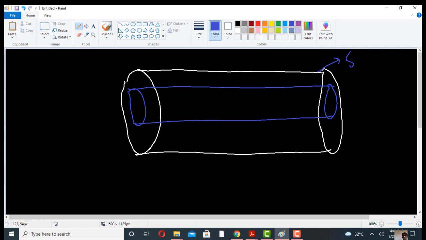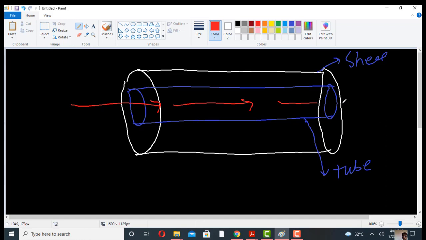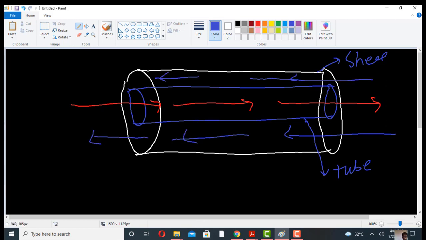This is the shell. This is the tube. The hot fluid is flowing through the tube. The cold fluid is flowing through the shell. So it is a counter flow shell and tube heat exchanger.